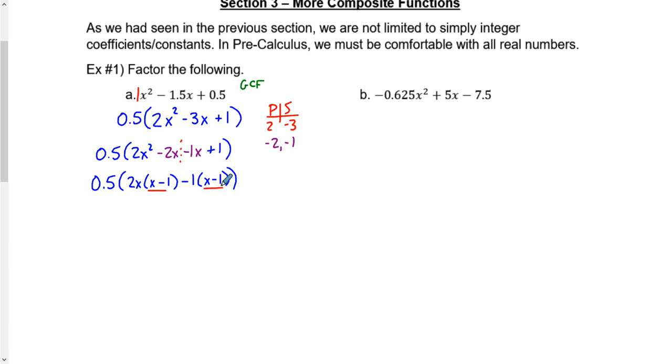Group what we can. So 0.5, and I put it in red, so might as well, x minus 1. And we're left with a 2x minus 1. Nothing else can be factored out, so this question is done.